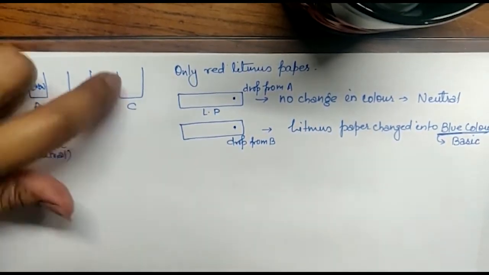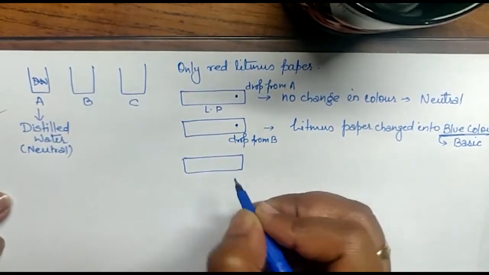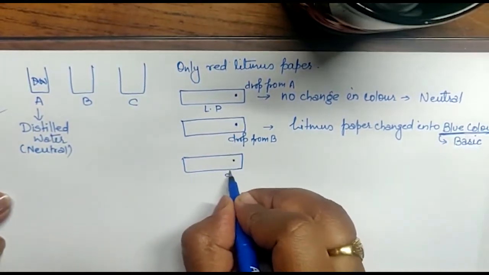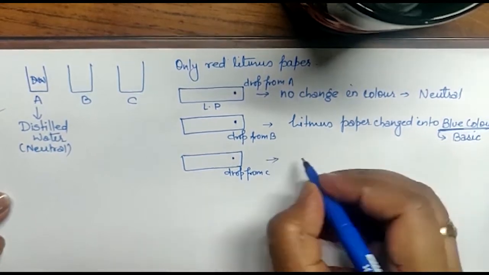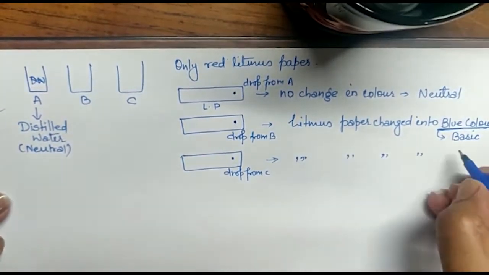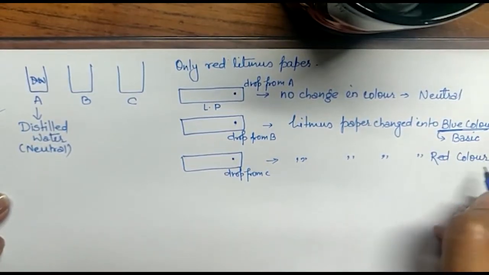And so what is left? C. Put a drop from the C test tube on another litmus paper, and the litmus paper changed into red color.